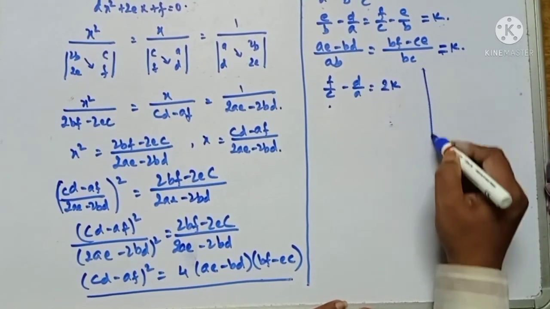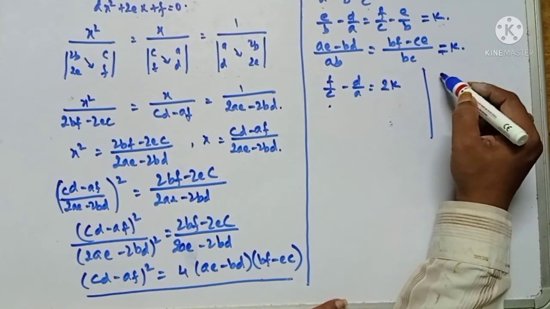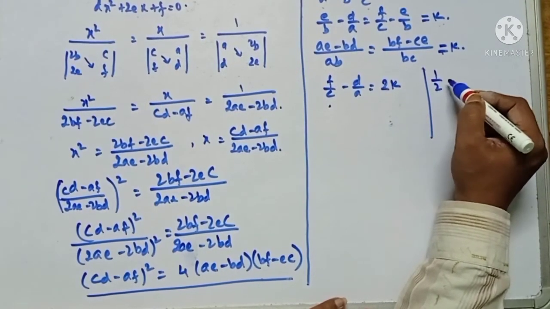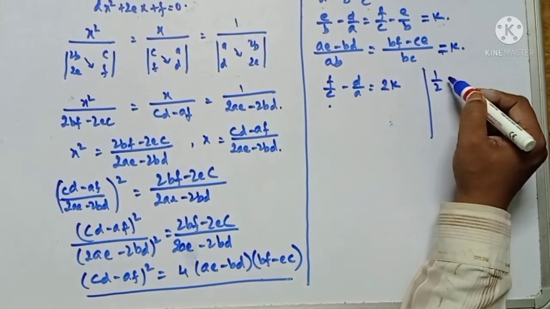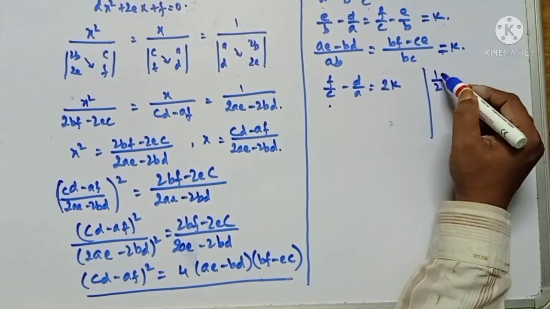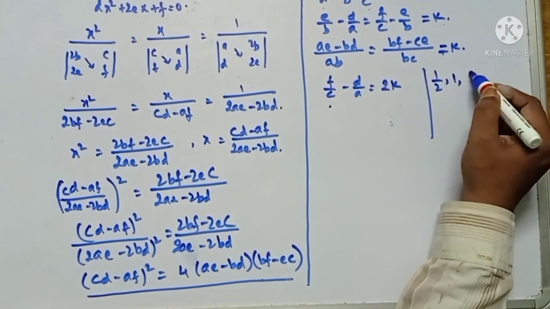I just want to make it clear that with any other example, suppose 1 by 2, plus 1 by 2 gives 1, and then 1 plus 1 by 2 is 3 by 2.